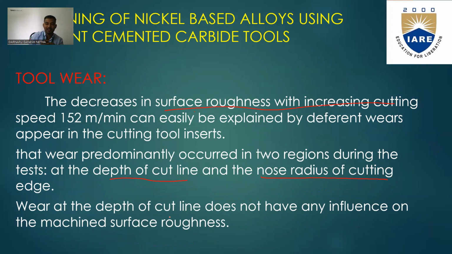This slide itself is explaining that whenever the surface roughness decreases, automatically the cutting speed of the tool is also going to be increased, and the wear at the depth of cut line and the nose radius of the cutting edge is also going to be affected.